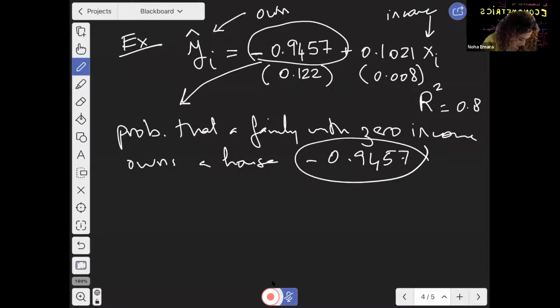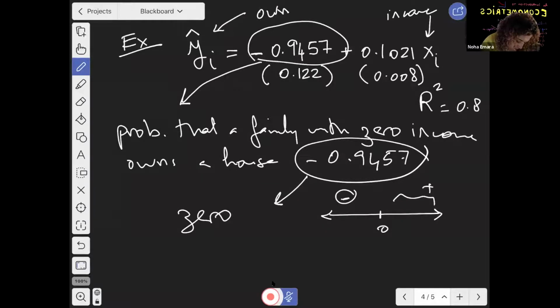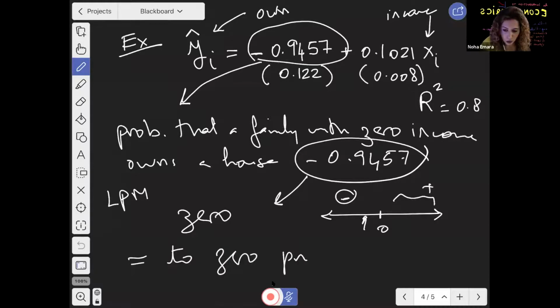The LPM treats this value as 0. So on the number line, this is the 0, this is the positive side, this is the negative side. Any number on the negative side, the LPM treats as a probability of 0. And this would be read like, the probability that a family with 0 income owns a house is simply equal to 0 probability. This is how the LPM works.